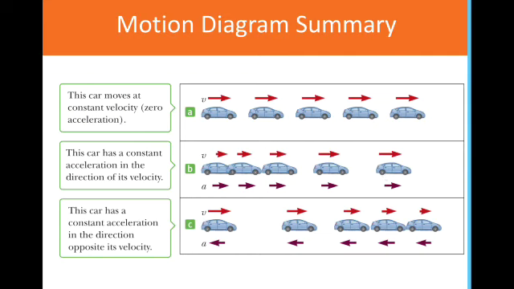So just to summarize, this is a summary of the motion diagram. Here we have a velocity pointing to the right, and the arrow has the same size. So this is uniform motion because the average velocity is equal to the instantaneous velocity. So there's no acceleration.